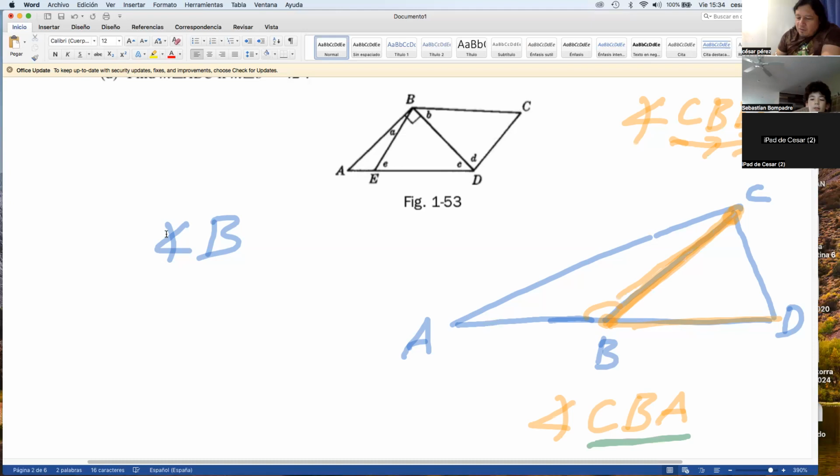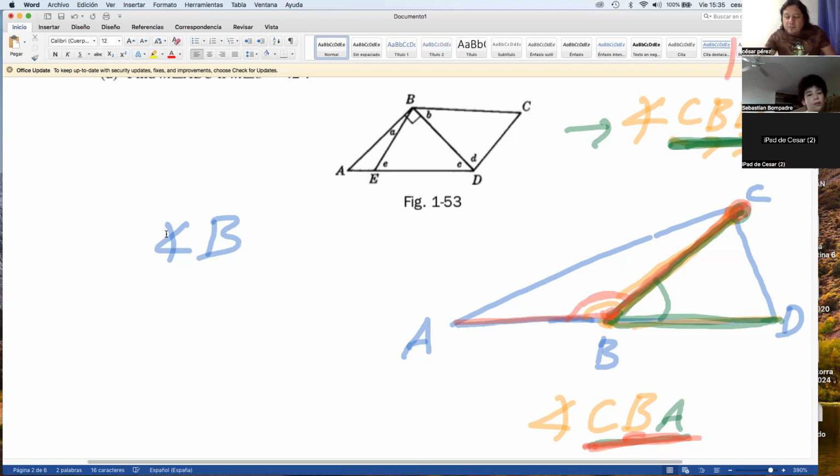If we have CBA, it says you put in C, move to B, then move to A. Those three letters tell us how to move, and the angle that is drawn is this one.